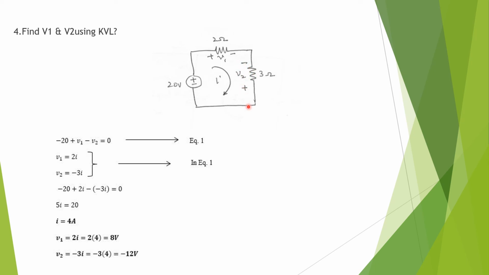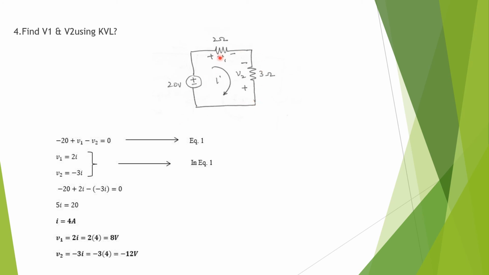So minus 20 plus V1 minus V2 will be equal to 0. According to Kirchhoff's voltage law, the net voltage drop will be equal to 0. We know that V1 is the voltage drop across the 2 ohm resistor. But remember that in a series circuit, current will be the same. So the same current will flow through V1 and V2 since they are in series with each other.